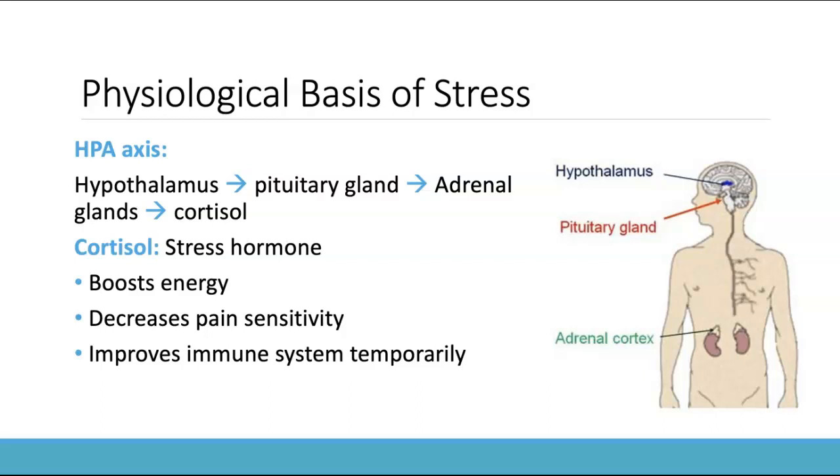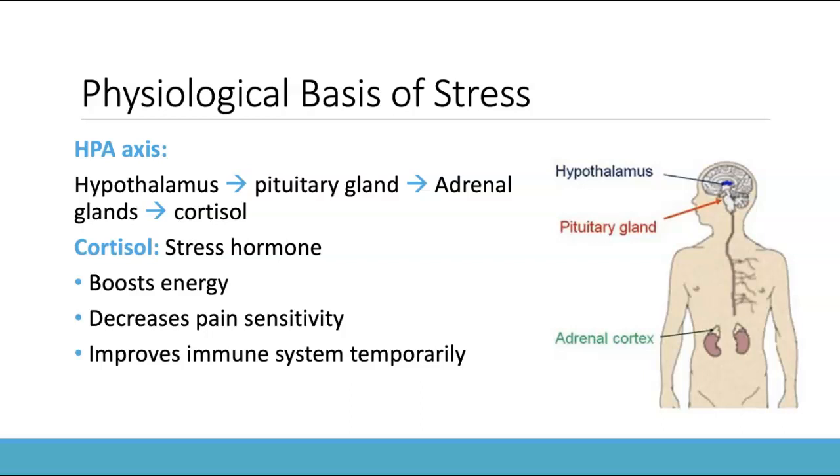So in response to a stressor, when cortisol is released, that helps decrease your sensitivity to pain so that you can focus on dealing with the stressor and fighting or fleeing rather than focusing on the pain.